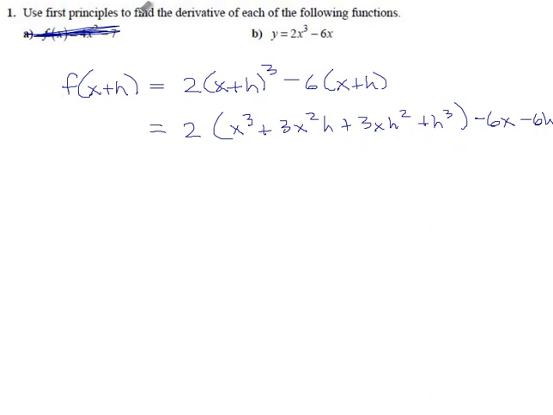I'm shortcutting because I think you've seen this before by now. 2x cubed plus 6x squared h plus 6xh squared plus 2h cubed minus 6x minus 6h. I don't think anything cancels there. Nope, not a thing.